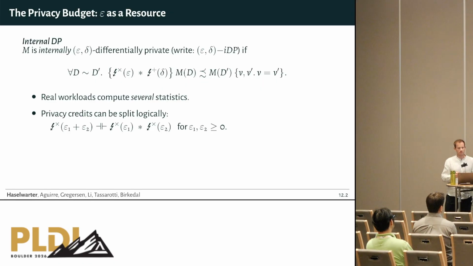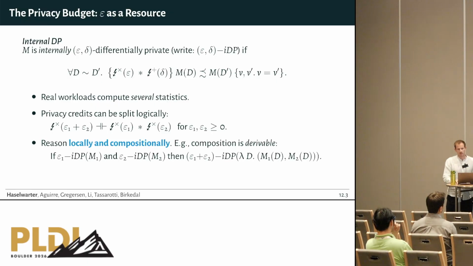So if your privacy budget, epsilon, is actually the sum of epsilon 1 and epsilon 2, so you can partition it that way, then you can split the resource into two separate resources that you can then move around independently and reason about, because it's just a first-class separation logic assertion. And so we can use this to reason locally and compositionally about the privacy budget consumption.